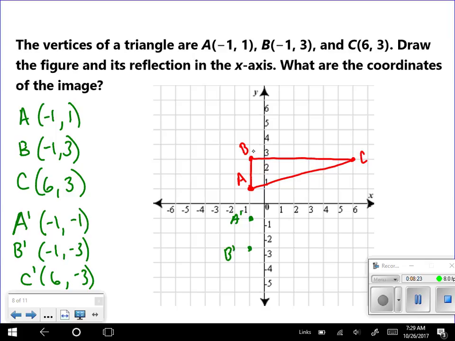So is this the same distance from here as it is from here? Yes, that's a good thing. And then 6, -3. Same thing with C prime. Is this the same distance as this? Looks to be true. So our reflected figure across the x-axis should look like this. Then you can kind of look and see, does it look flipped? It does.